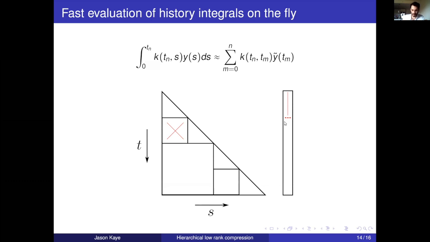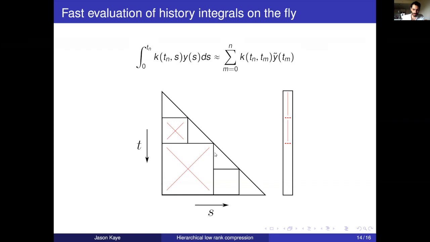Now we continue our time stepping, and when we need to compute a history integral, we find that we've already computed most of it, and we just need to add in the part of the sum corresponding to these entries here and these entries here. We go until we've filled in all of these, and now we can apply this block and get some contribution to all of these history integrals. And so you get the idea.